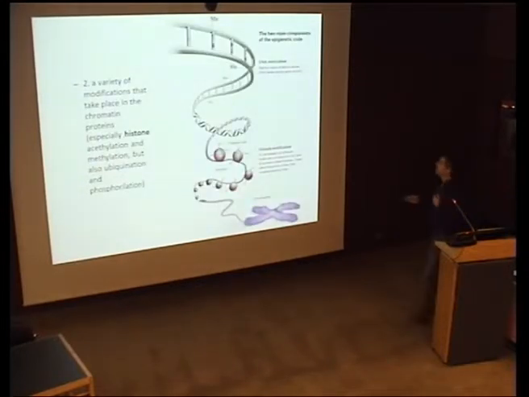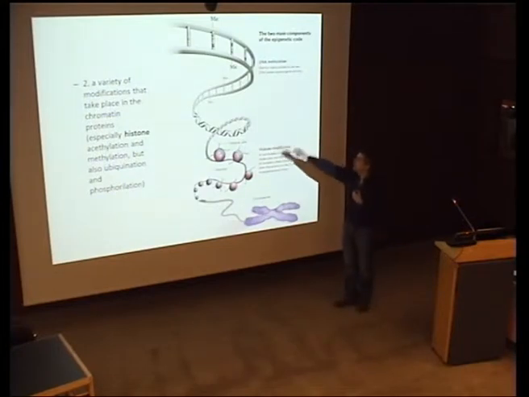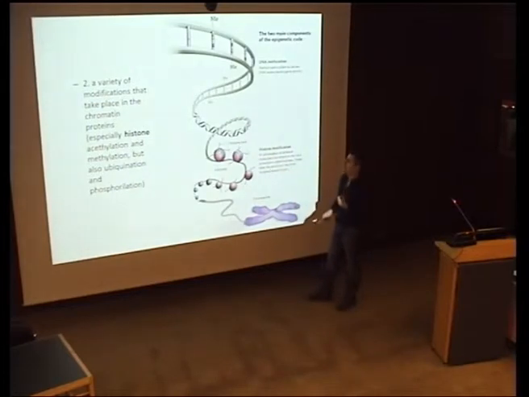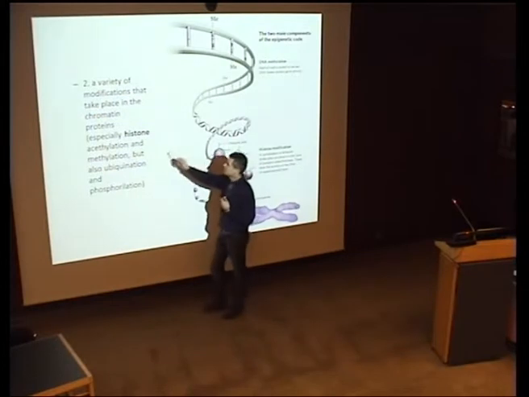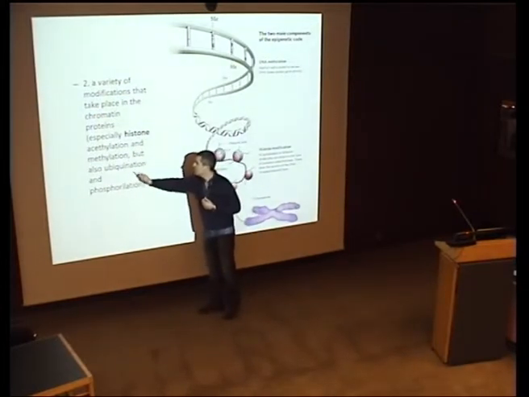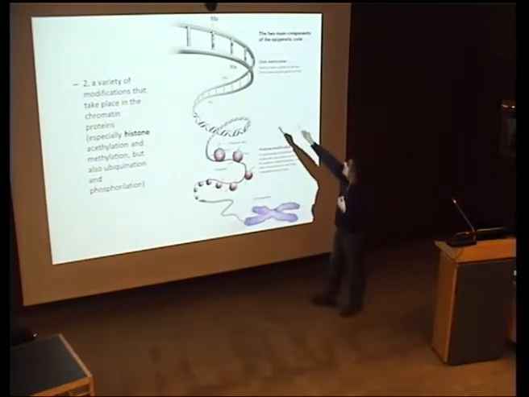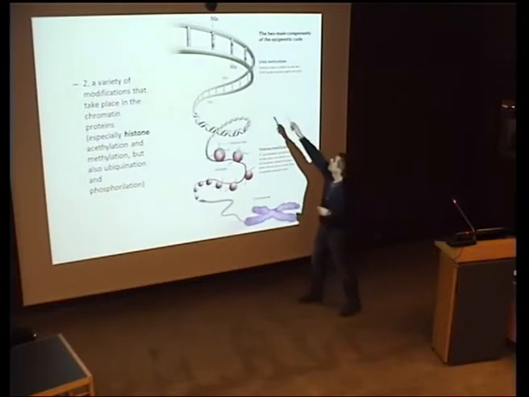The second one is a variety of modifications that take place in the chromatin proteins, the histones. And these modifications are especially acetylation, methylation, but also ubiquitination and phosphorylation. This is a DNA strand.